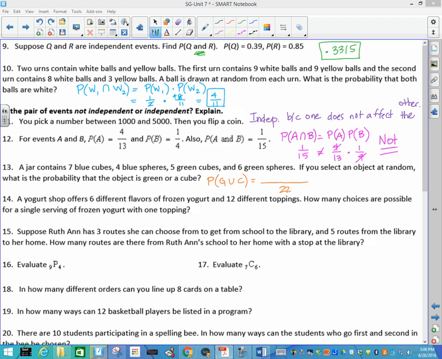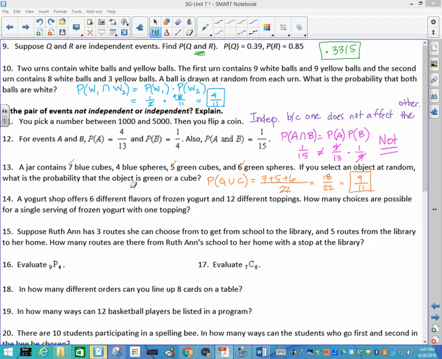So I got 22 on the bottom. And how many of them are green or a cube? That's a cube. That's green and a cube. And that's green. So I'm going to add 7 plus 5 plus 6. That's going to be 18 over 22, which simplifies to 9 over 11.